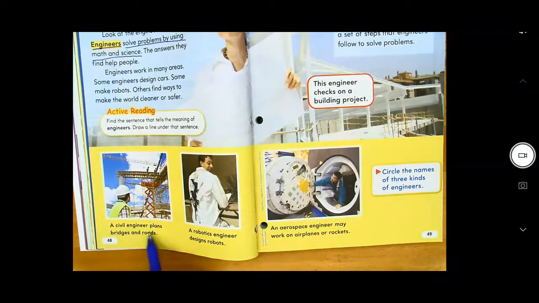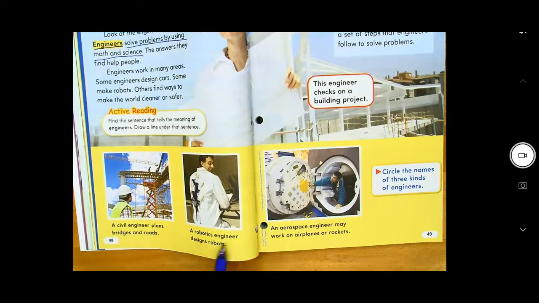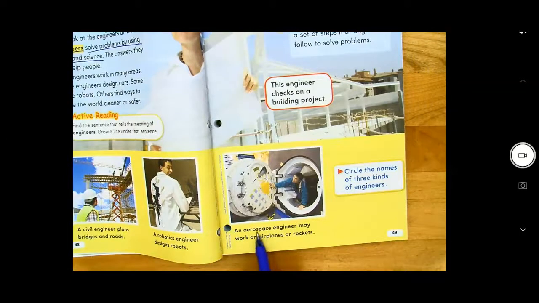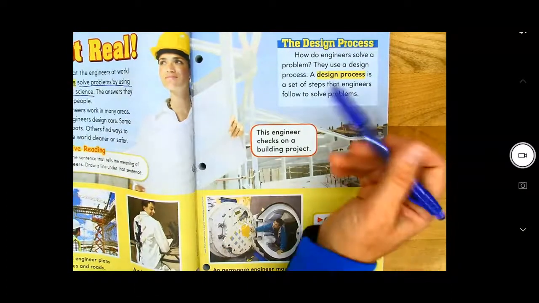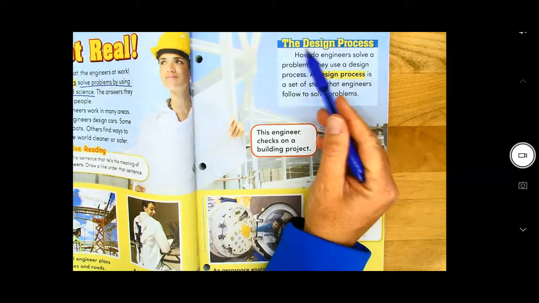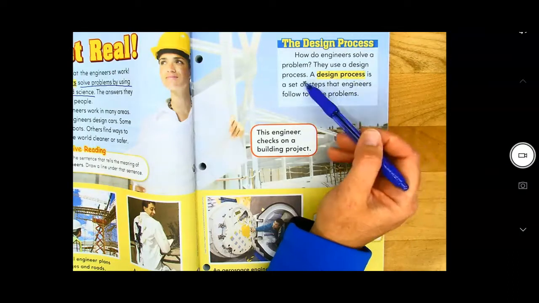A civil engineer plans bridges and roads. A robotics engineer designs robots. An aerospace engineer may work on airplanes or rockets. So there's all different kinds of engineers. Okay, it's pretty awesome. This engineer checks on a building project. The design process. How do engineers solve a problem? They use a design process.